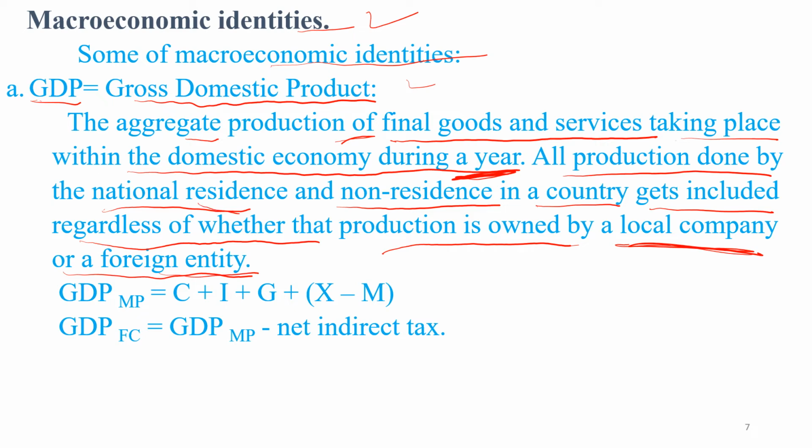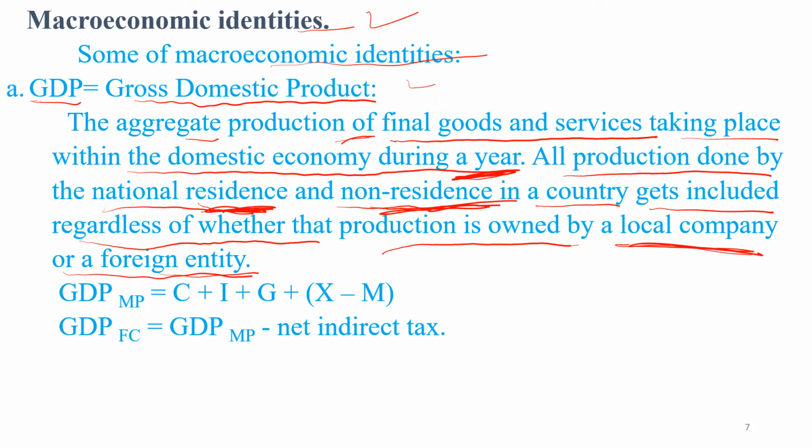And moreover, the producer may be a national resident or non-resident, but they have to be within the country and participating in the production of goods and services in that domestic territory, whether it is owned by Indians, for example domestic people, or foreigners. So here the owner is not important. The location of the producing unit is very, very important.